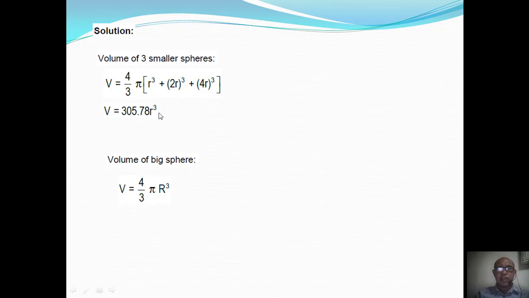So equating the two volumes, 305.78 r cubed equals 4/3 pi R cubed. Then we can express the radius R of the big sphere in terms of the radius r of the smaller spheres. So we have now R equal to 4.18 r.